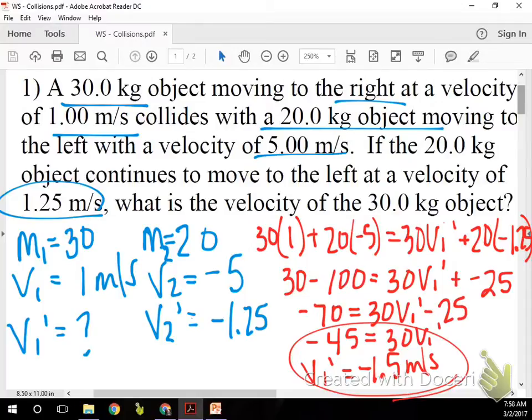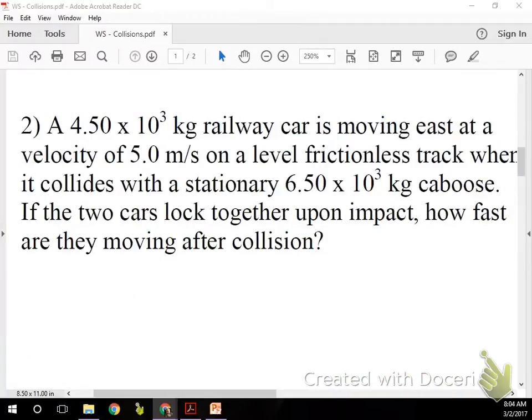Questions? Do we want to try an inelastic one now so we get one of each? Or do we feel pretty comfortable? Okay, so an inelastic one here.